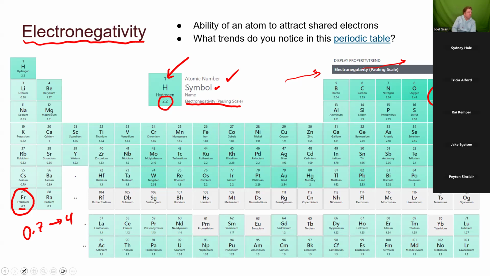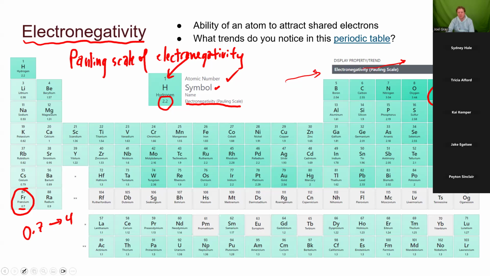This is also known as the Pauling scale of electronegativity, basically from 0.7 to 4.0. And a good question is, what the heck is electronegativity?